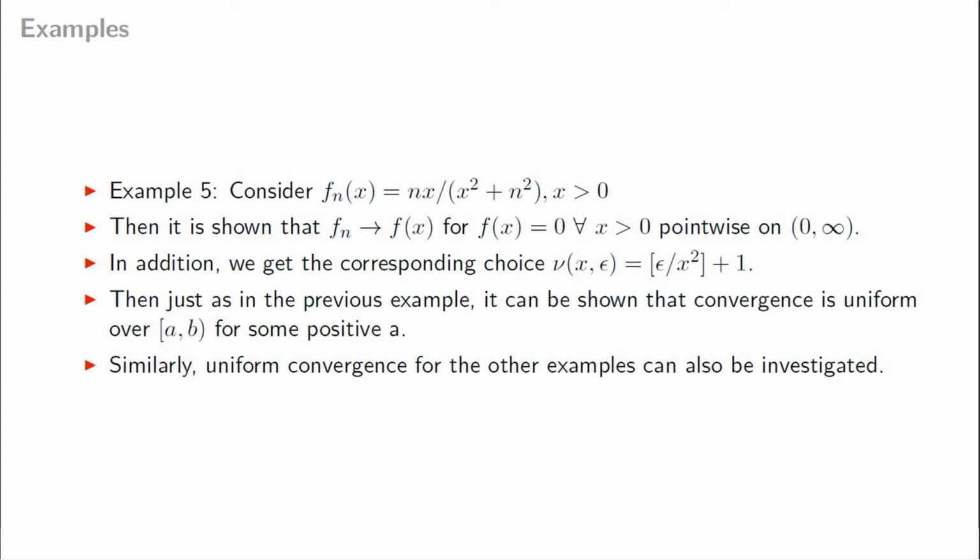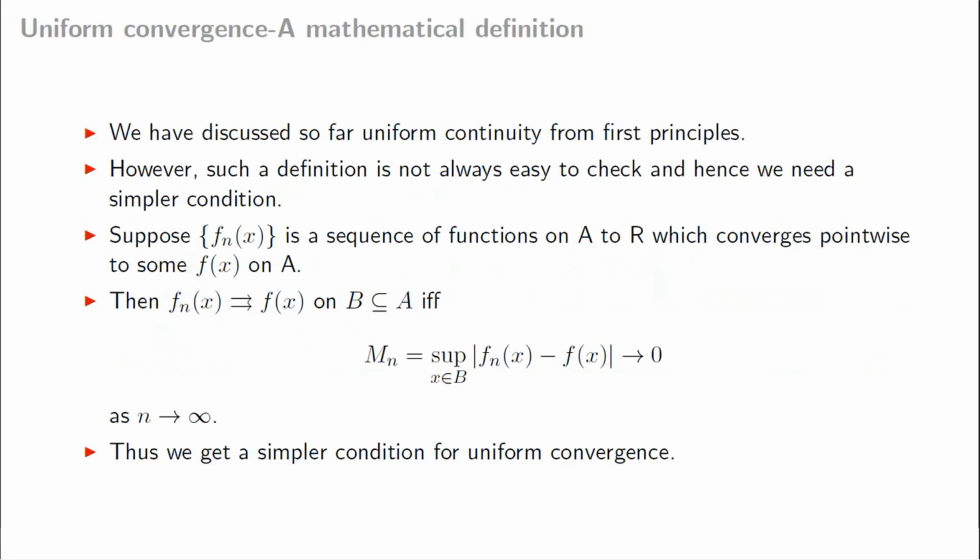Similarly, uniform convergence for the other examples that we have discussed in case of pointwise convergence can also be investigated. So far we have discussed uniform convergence from first principles, that is, whether a maximum value of N(x, epsilon) exists or not, or if it exists, on which interval it exists, and finding such an interval we have decided uniform convergence of the sequence of functions.